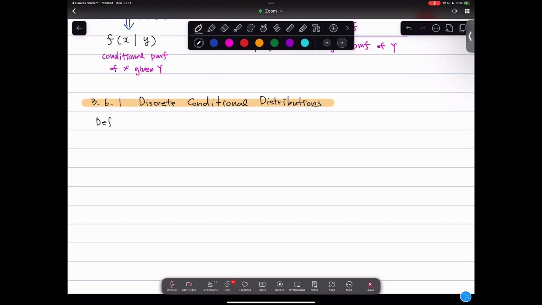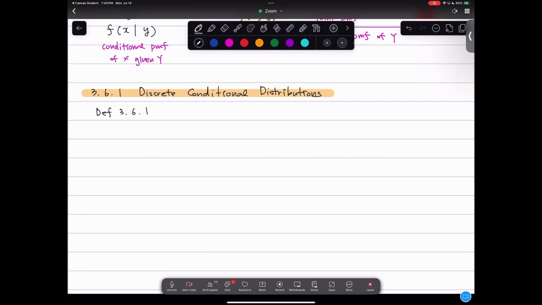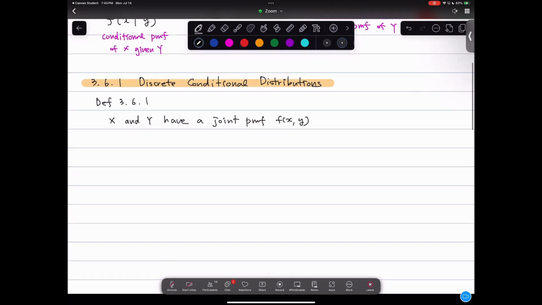Definition 3.6.1 says we have a joint PMF, so X and Y have a joint PMF. So we have f of x given y. Now you will notice later on which one is x, which one is y, so it's not as clear.